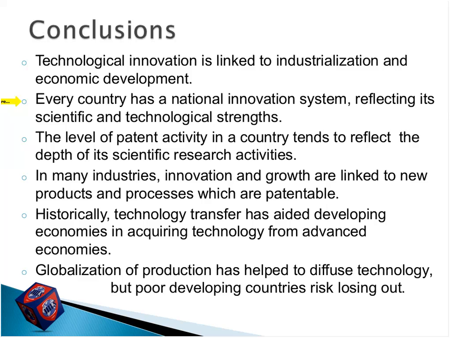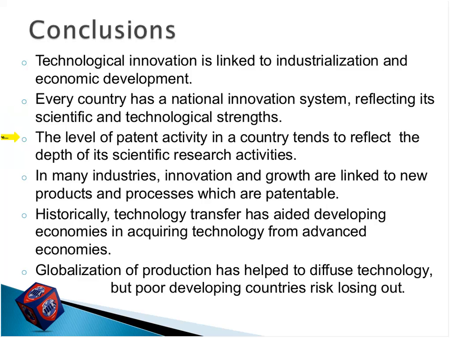The level of patent activities in a country tends to reflect the depth of its scientific research activities. So a country like China, which we saw was fourth as compared to the US, Japan, and Germany, has a lower level of patent activity. So hence, they have less depth in their scientific research activities.